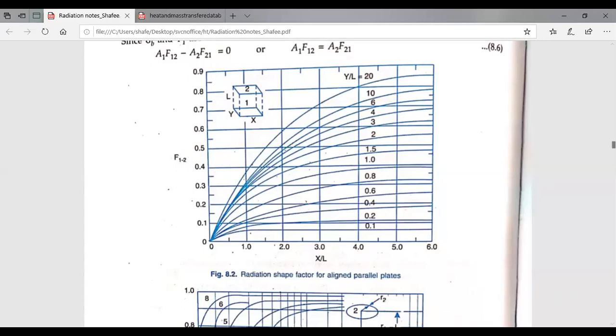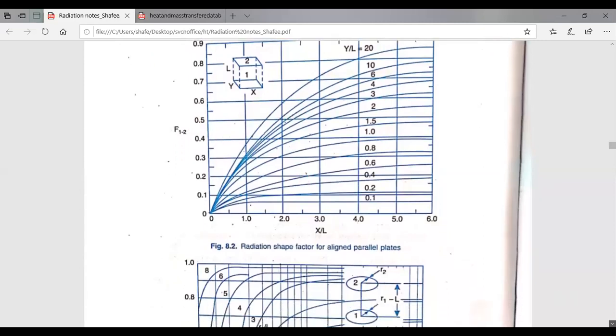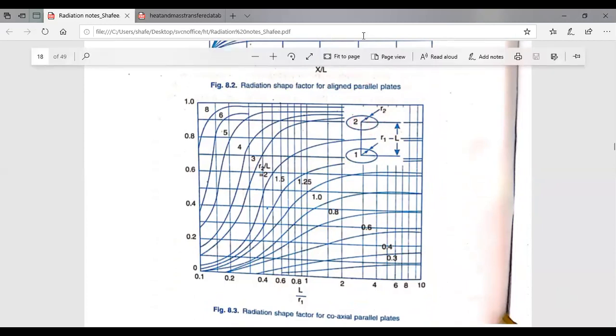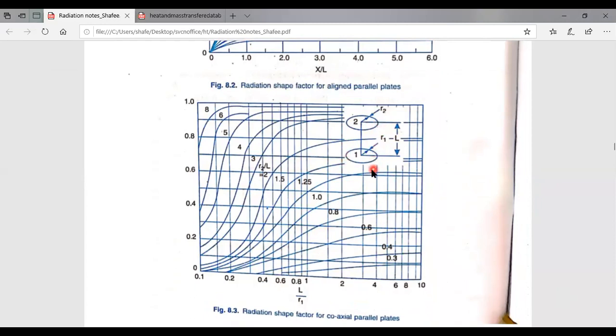Suppose my surfaces are two coaxial disks or coaxial plates. Assume a cylinder; we'll go for that problem. One is the bottom surface of the cylinder, two is the top surface of the cylinder, and obviously you have the surface which is going around.